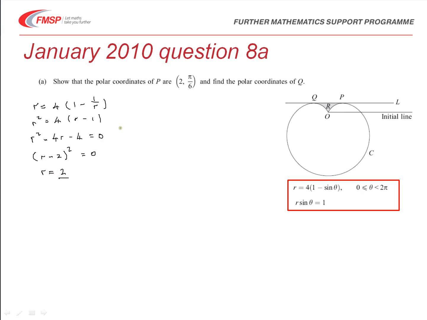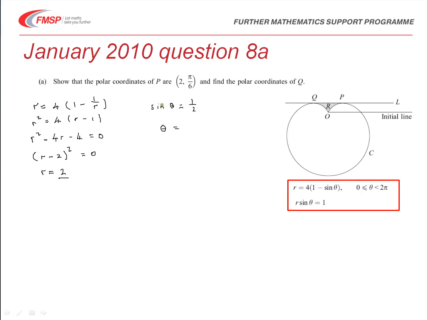So then to find the value of sine theta, we can see that r sine theta equals 1, or sine theta equals 1 over r. So therefore sine theta must equal a half. And so what values of theta give a half?